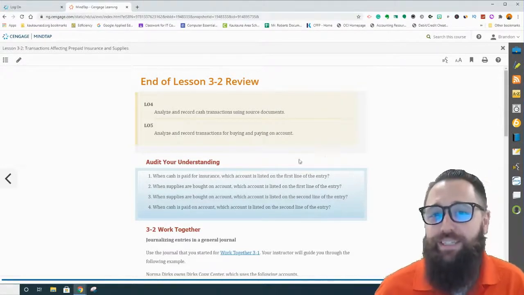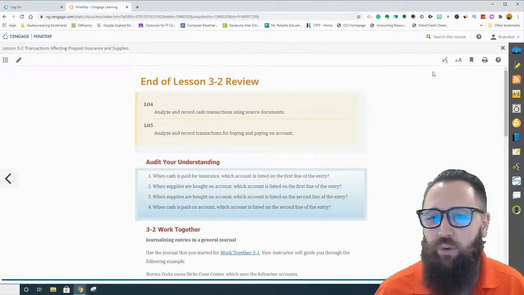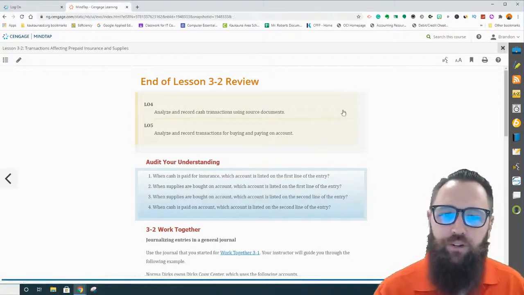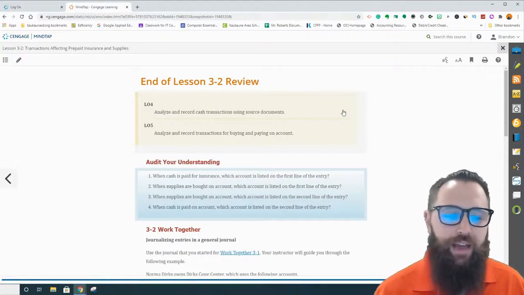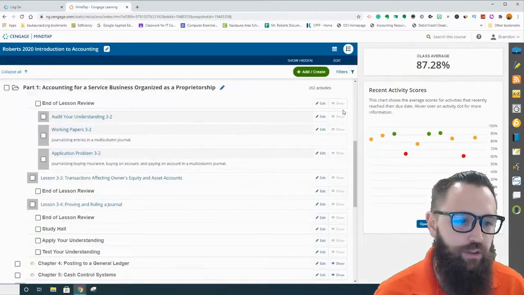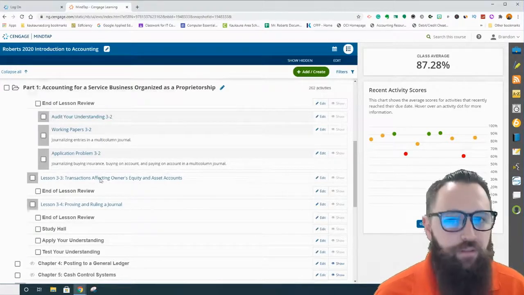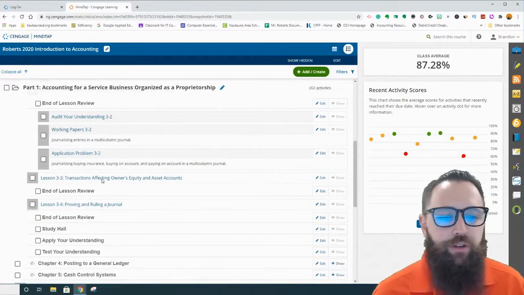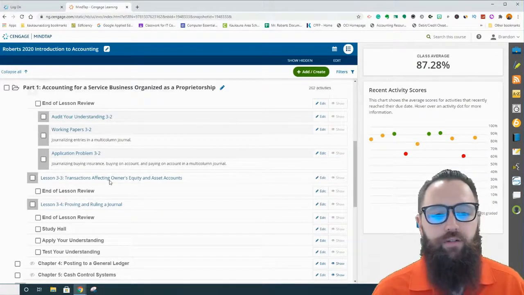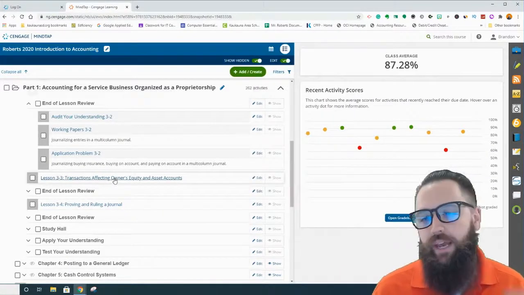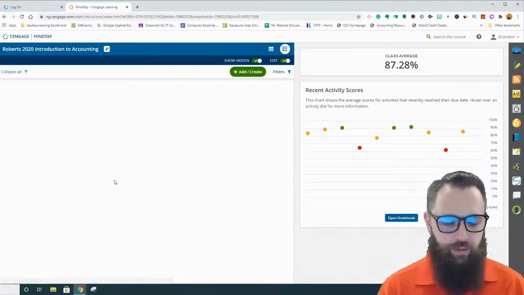So that's 3-2. Very, very short, very quick. What I'm going to do is pop open 3-3 and talk about the concepts in 3-3, because they are very, very similar. The only thing that's different here is now we have some transactions that are going to affect our owner's equity and our asset accounts.